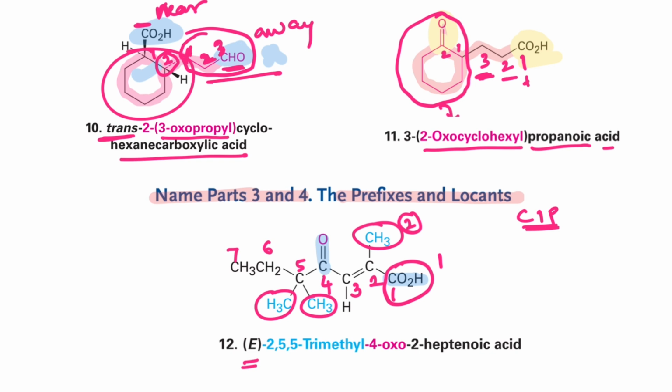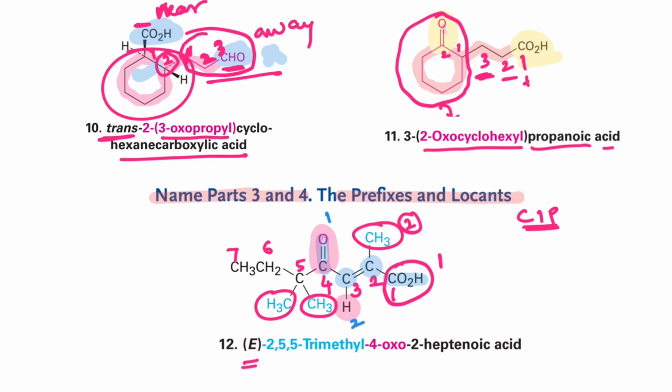So now first priority group carboxylic acid, second priority group. So on this carbon, this is a double bonded carbon. On this we have, this is a first priority group, this is a second priority group. Therefore, this is 1, this is 2.